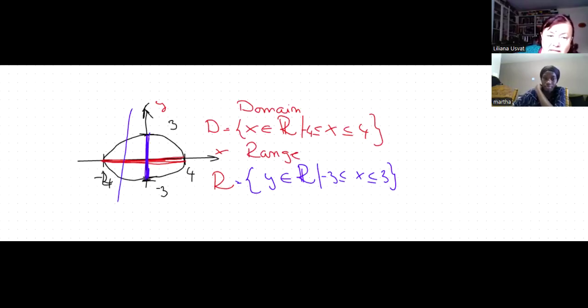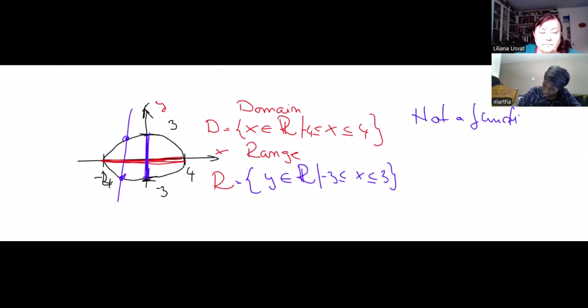In this case, a vertical line intersects the graph in 2 points, so this relation is not a function. Okay. Let's go to the next problem.